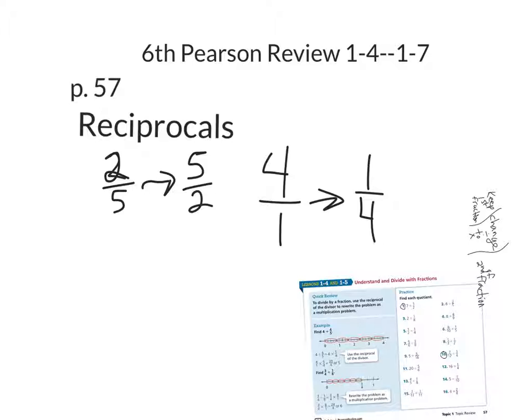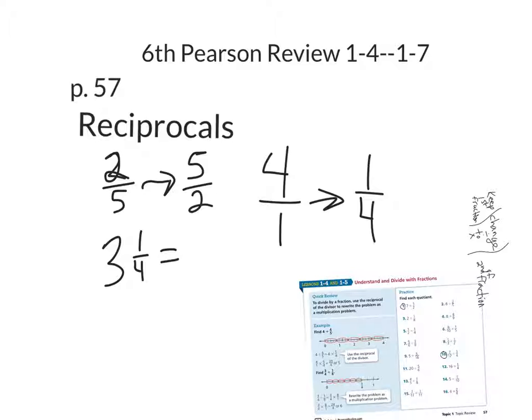The last idea you might see would be something like this. Occasionally I'll have somebody do this and they'll say the reciprocal is 3 and 4/1. It is not 3 and 4/1. So what we need to do here, first of all, is write this as an improper fraction.